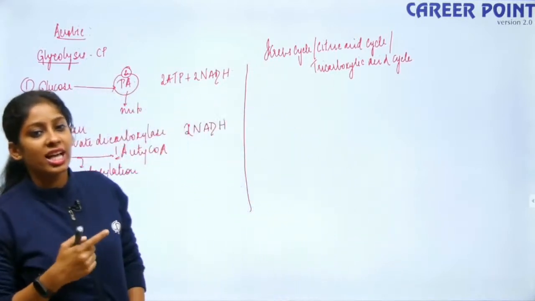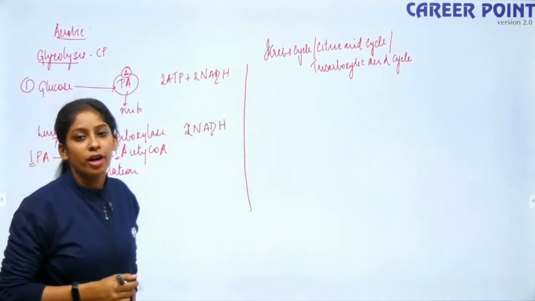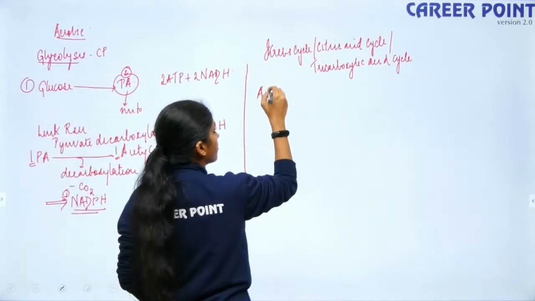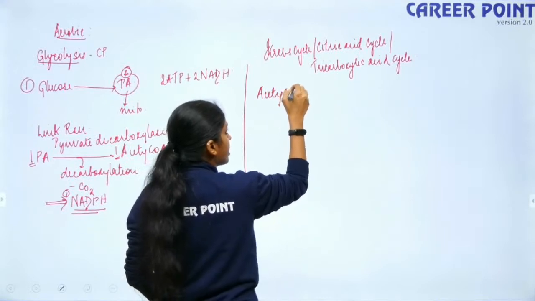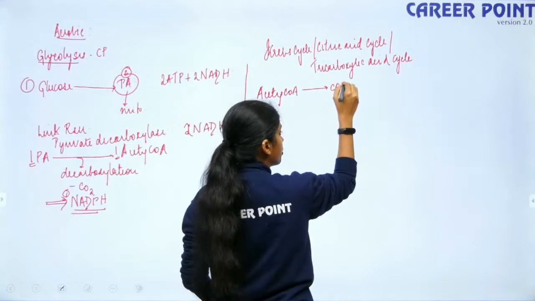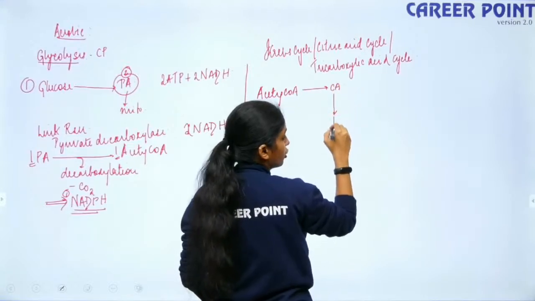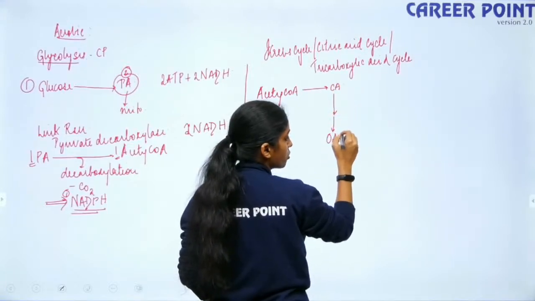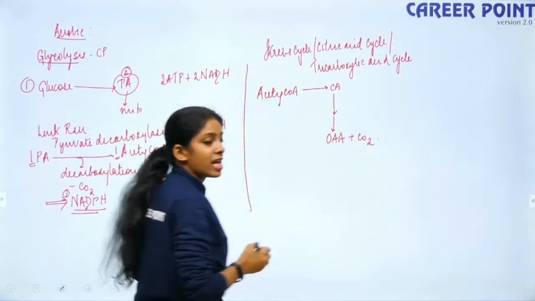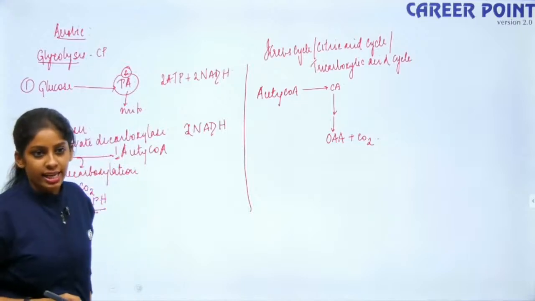It is known as citric acid cycle because the first stable product formed is citric acid. So your acetyl-CoA enters the TCA cycle and forms the first stable compound, citric acid. Finally, through a series of steps, it forms acetyl-CoA plus carbon dioxide. So this is the end product of your citric acid cycle.